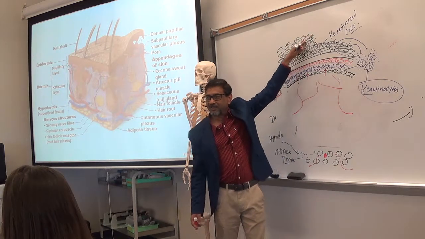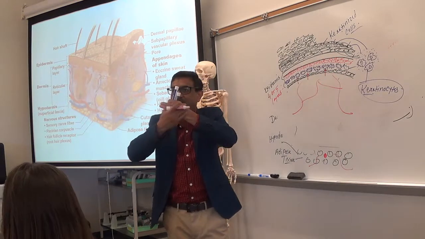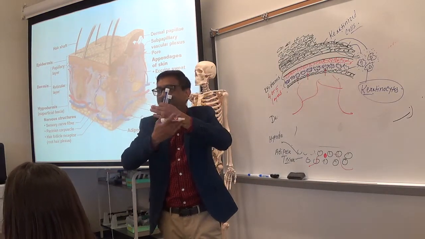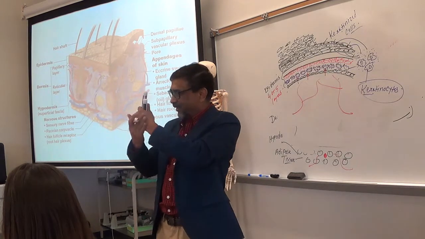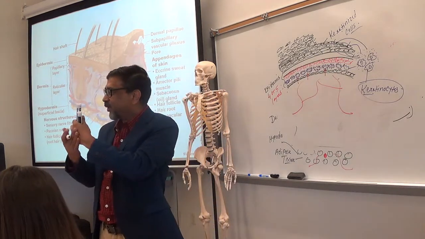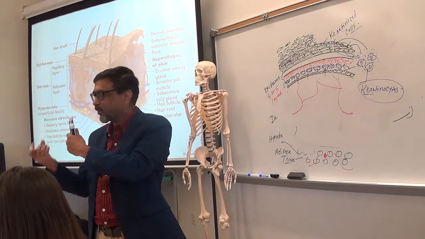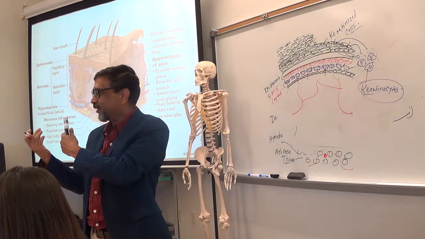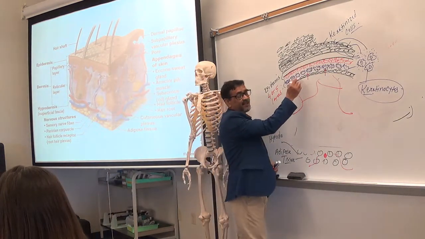I said many of these cells are dead cells because they are far from the dermis. So the outer layer cells are dying all the time, right? So if outer layer cells are dying, then you need to do what? Produce new cells, right? Skin needs to continuously produce new cells.